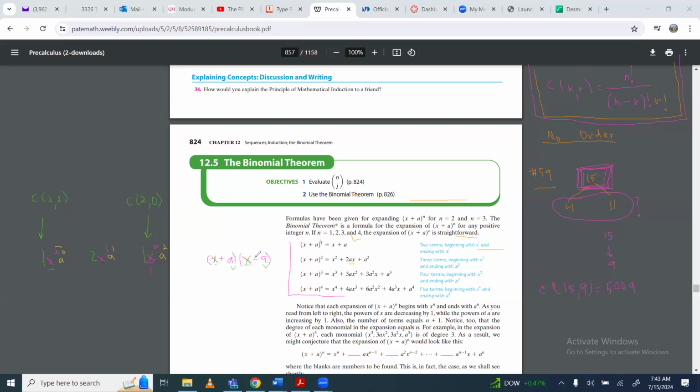That should be plus here. So x plus a times x plus a. So I take a from the first and a from the second parentheses. So I don't take x here. So I take 0 x's from here and 0 x's from here. So out of 2 possible selections with x terms, I take 0. And that's how I get my last term. So out of 2, I get 0.